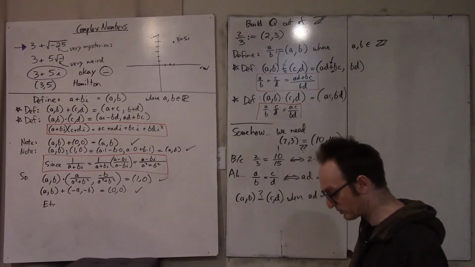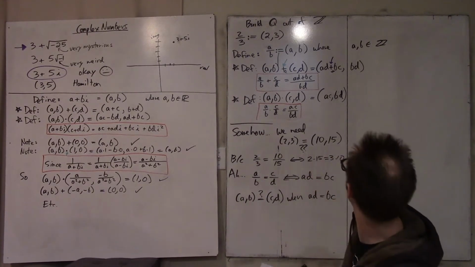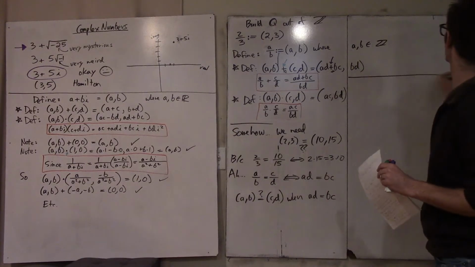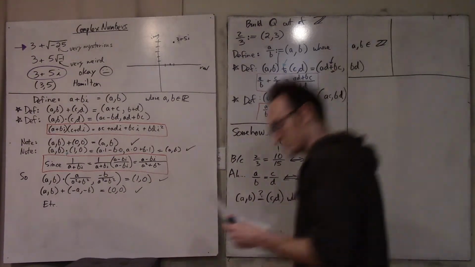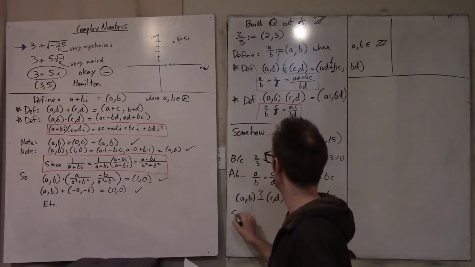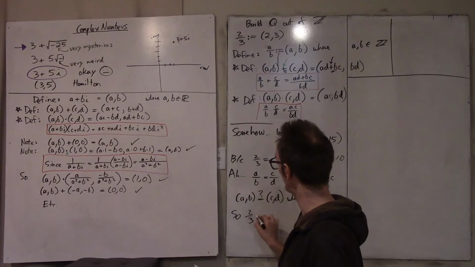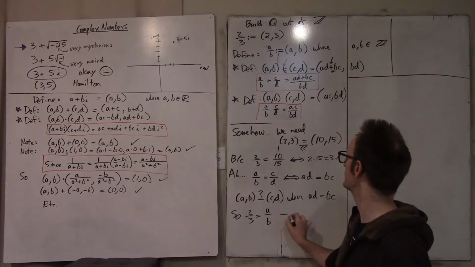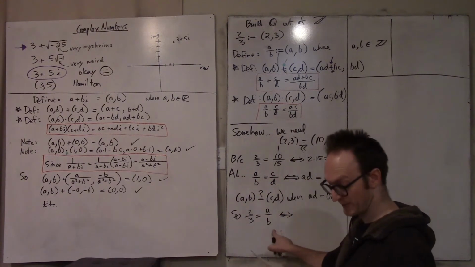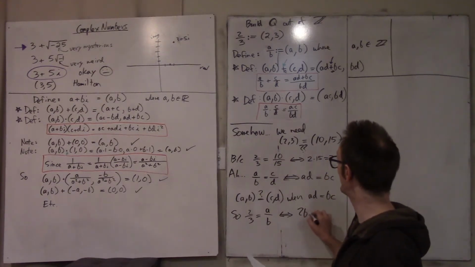Maybe this is more clear with an example, the example that we've been working with. So like 2/3, for example, when should 2/3 be equal to some fraction A over B? Well, 2/3 should equal some fraction A over B precisely when 2B equals 3A.